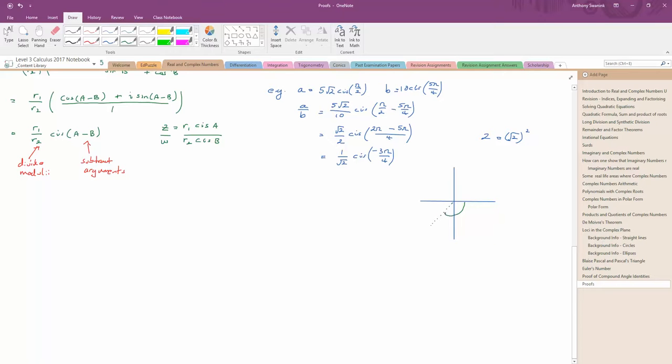And that's a negative angle, so it's going clockwise. And if the modulus was 1 over root 2, that distance from here to here would be 1 over root 2. So the modulus, let's say r, is equal to 1 over root 2.